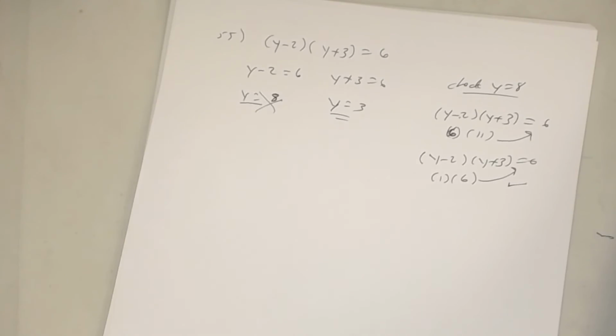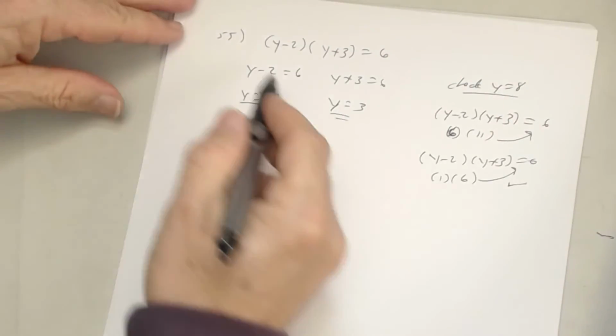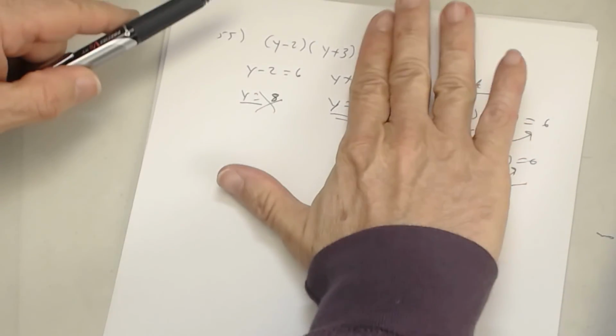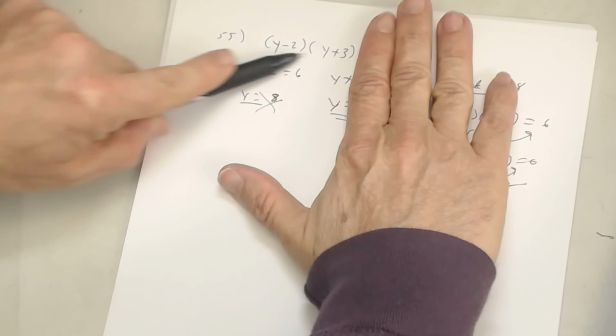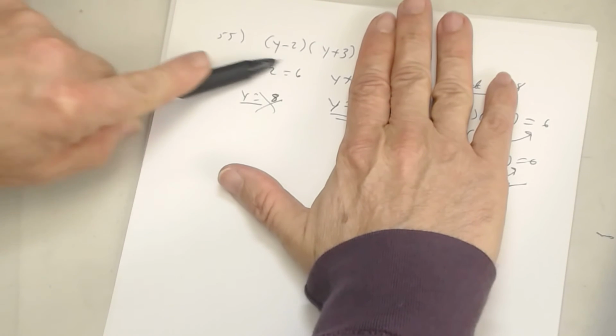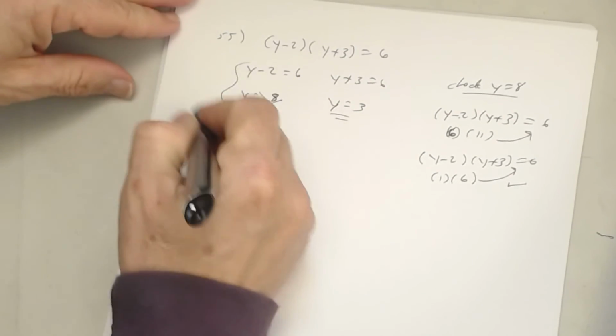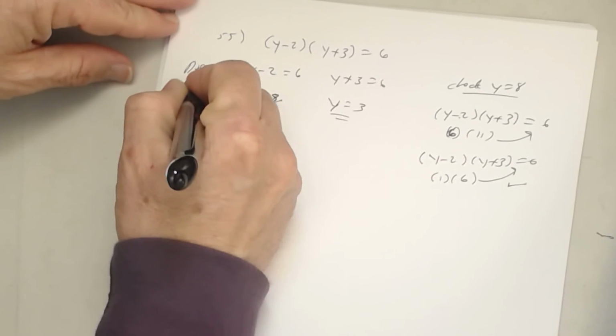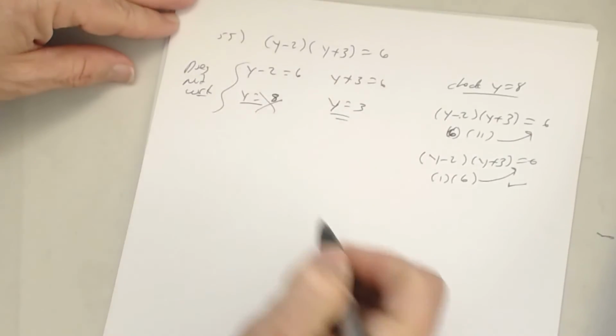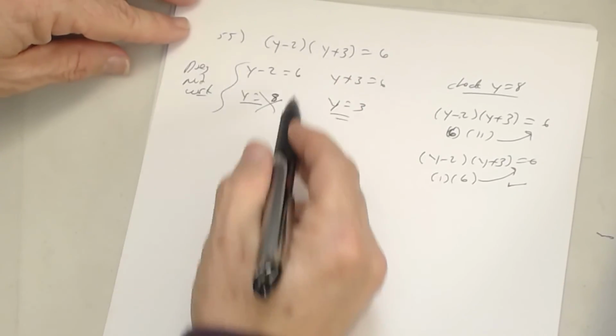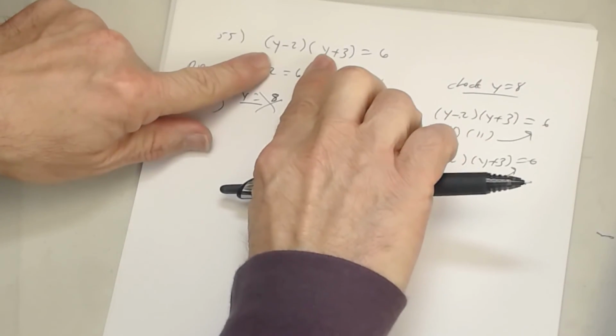Okay, so here's what we have to do. You've got to FOIL. See how this is 2 binomials? You got to FOIL this out first. So you understand that this does not work, right? When I FOIL this out, I get y squared.